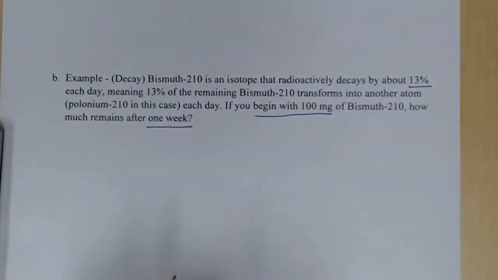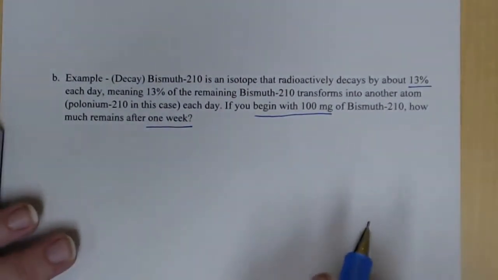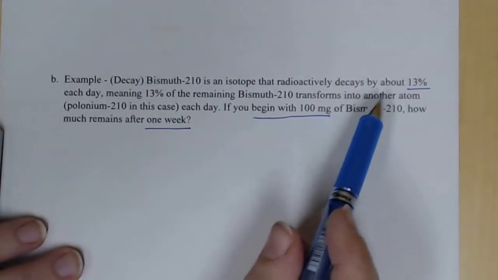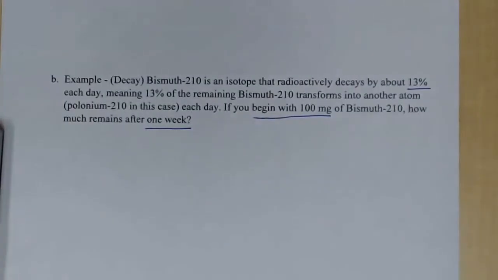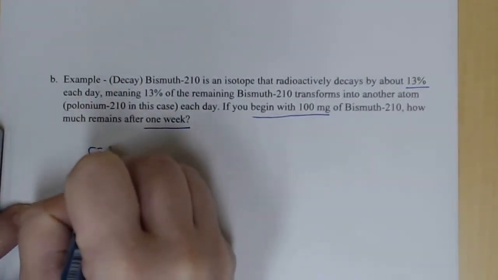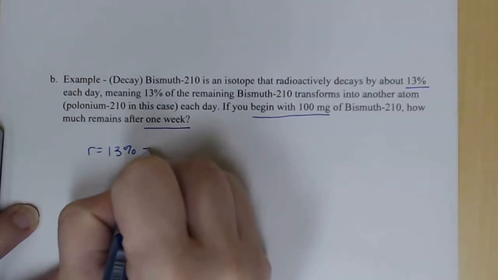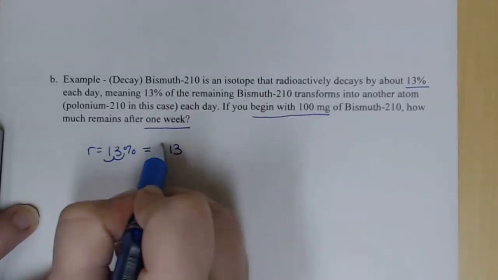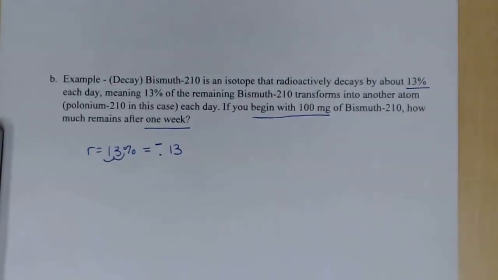So information that we want to grab from this is we want to say, okay, it radioactively decays at about 13%. So since that 13%, that's going to be my r. So if I change that into a decimal, I get 0.13, and it's decay, so we're going to be going down by 13%.